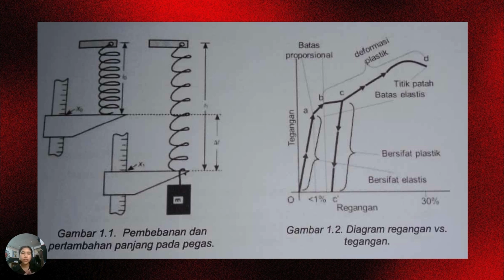And figure 1.2 is a diagram illustrating the behavior of a material such as a metal when subject to an increasing external force. It shows the relationship between stress and strain, describing how the material deforms from the elastic region to fracture.